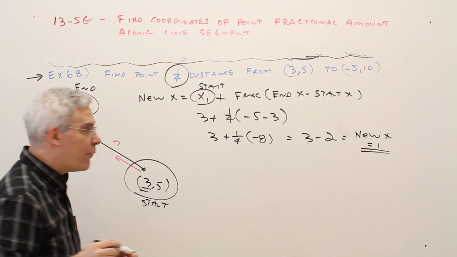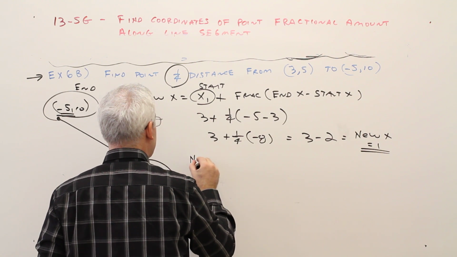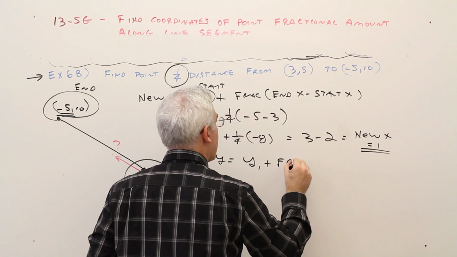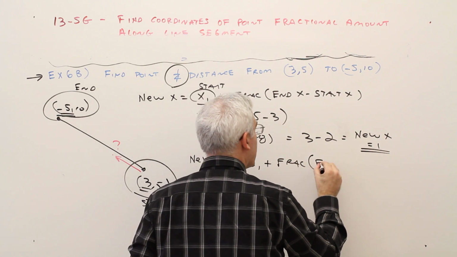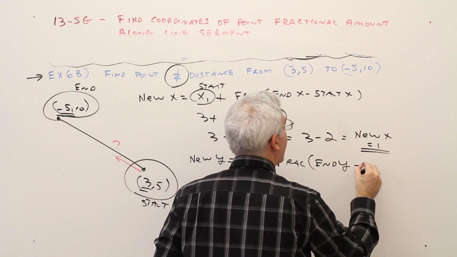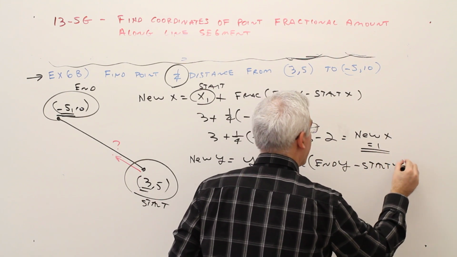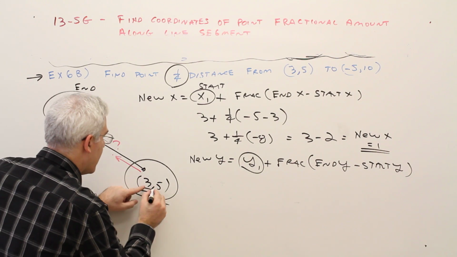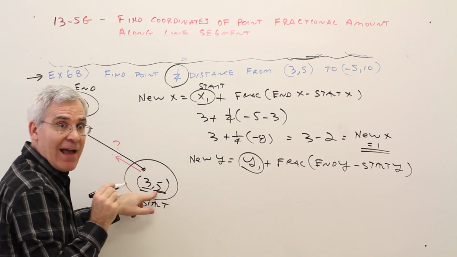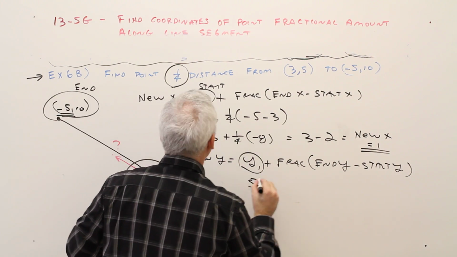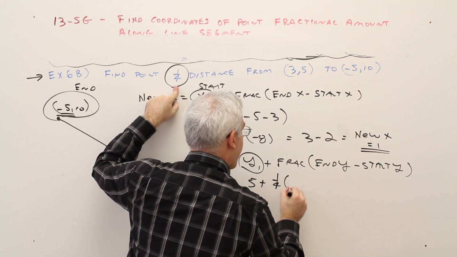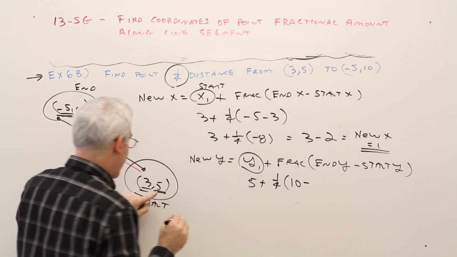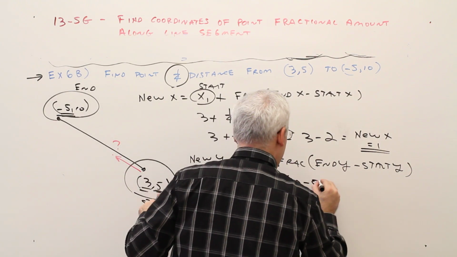Now I'll do the same thing for my new y. New y equals y1 plus the fraction times end y minus start y. My starting y value is 5. My fraction was 1/4. My ending y value was 10. My starting y value was 5.